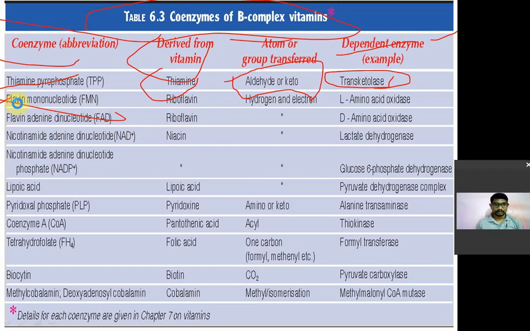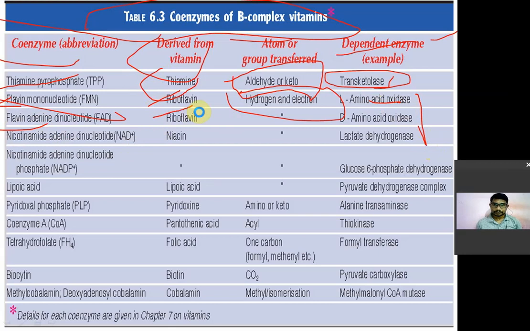देन फ्लेविन मोनोन्यूक्लियोटाइड या फ्लेविन एडेनिन डाइन्यूक्लियोटाइड, इसमें विटामिन कौन सा है? राइबोफ्लेविन है. और ये कोएंजाइम क्या काम करता है? ट्रांसफर ऑफ हाइड्रोजन and electron. So these enzymes, L amino acid oxidase, D amino acid oxidase. Okay, so L amino acid oxidase is dependent on this coenzyme flavin mononucleotide, flavin adenine dinucleotide.